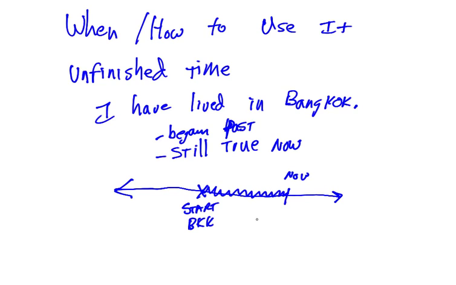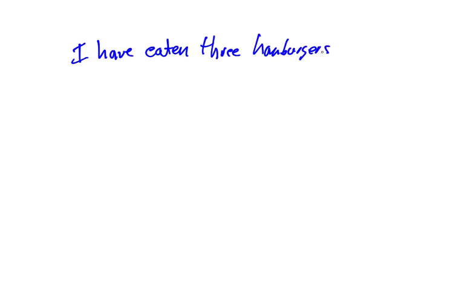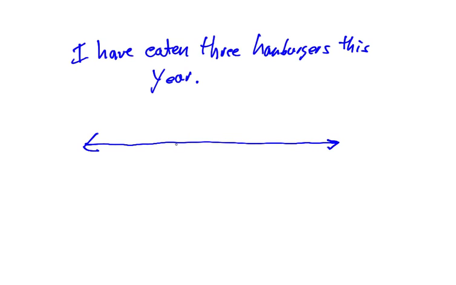Let's see another thing about unfinished time. So another example is, I could say, I have eaten 3 hamburgers this year. I have eaten 3 hamburgers this year. So this is unfinished time because this year is not ended yet.